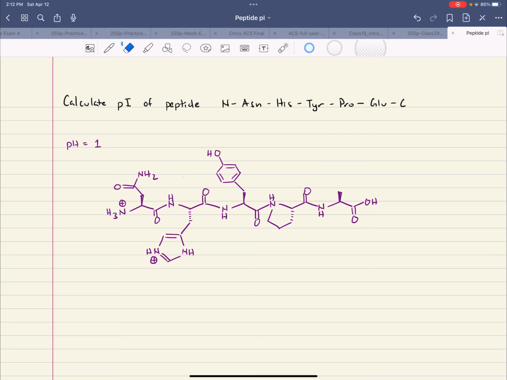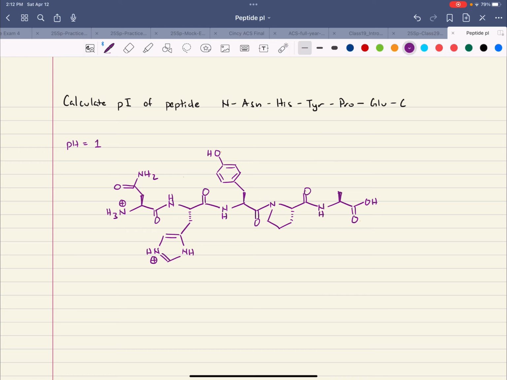An amide is going to be neutral at any pH between 1 and 13, so we got to get rid of this H to make that nitrogen neutral. That's how you would draw proline. At no pHs between 1 and 13 will this ever become protonated because it is an amide. Amides will never lose a hydrogen or gain a hydrogen between a pH of 1 and 13.